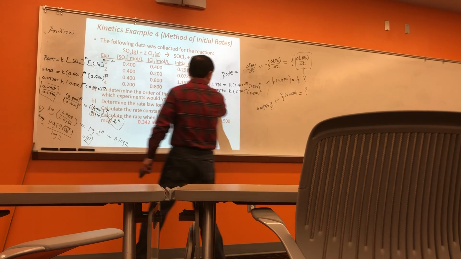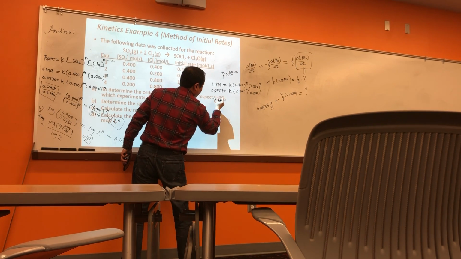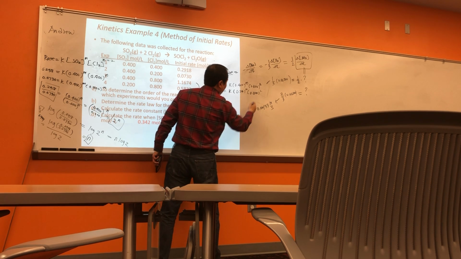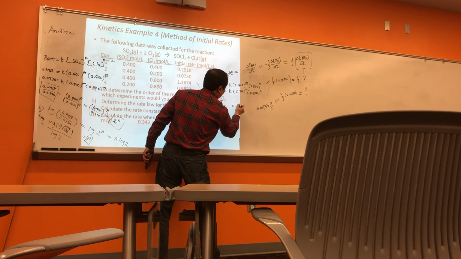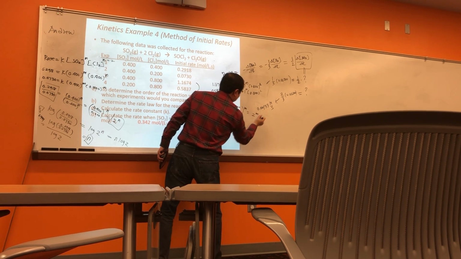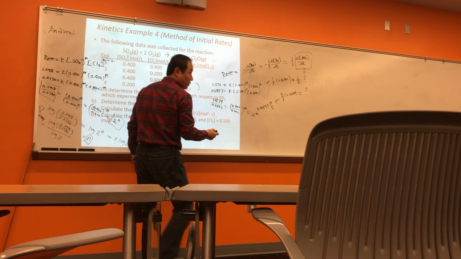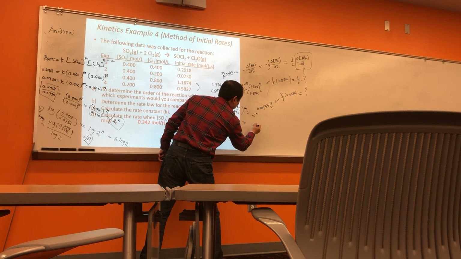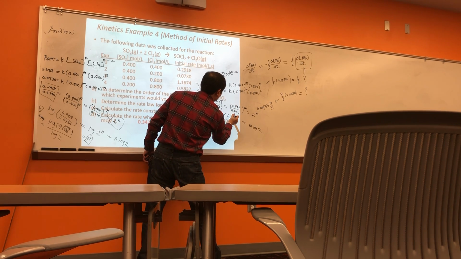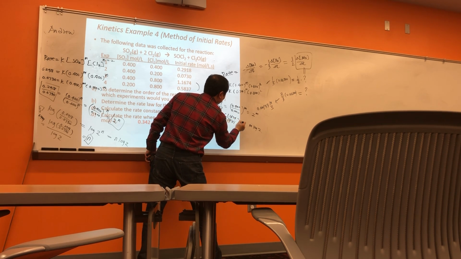Divide the top one by the bottom one. k cancels, this one cancels. I have this, which means 2 to the m. Again, we do the same approach, take the logarithm of both sides. So m log 2 equals log of 1.1674 divided by 0.5837.